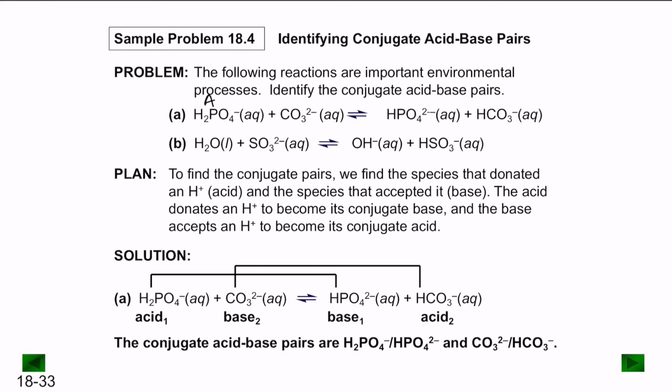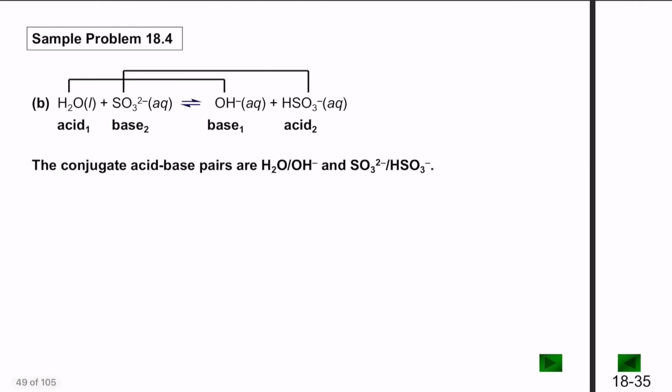So this is the acid and this is the conjugate base of the acid. This is the base and this is the conjugate acid. Again, this is the acid, this here is the conjugate base, and this is the base and this becomes the conjugate acid. So this is how we can write acid-base pairs.